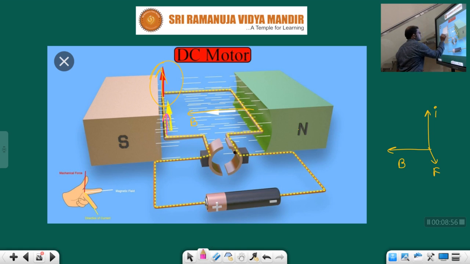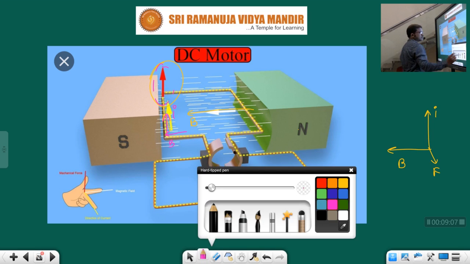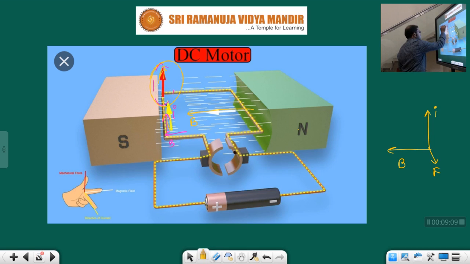This is current direction I, this is magnetic field B, and we can consider this arrow as the force direction, means upwards. See children, this is B, magnetic field, this is I. Now how will that force come?